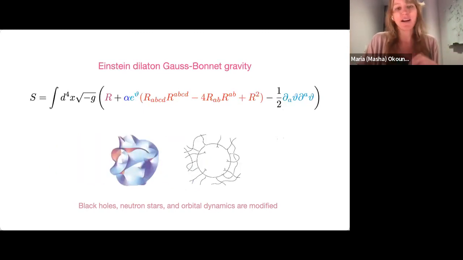And similarly, we're going to talk about Einstein dilaton Gauss-Bonnet gravity, where it has a different quadratic curvature term known as the Gauss-Bonnet scalar. But again, you have general relativity. You have a length scale, square root of alpha, which governs the strength of beyond GR modifications. And again, you have a scalar field in the theory to make it dynamical.